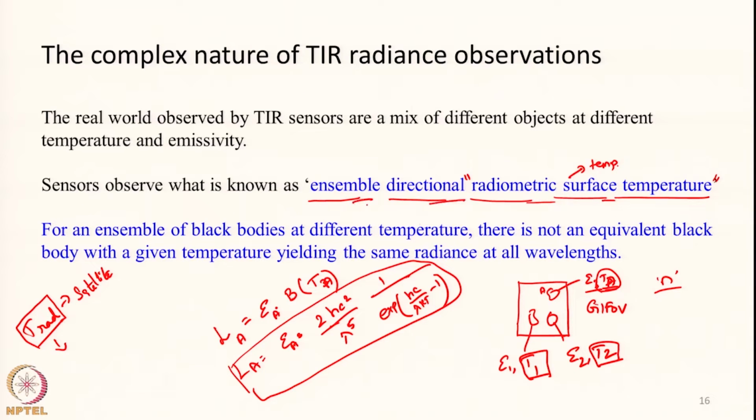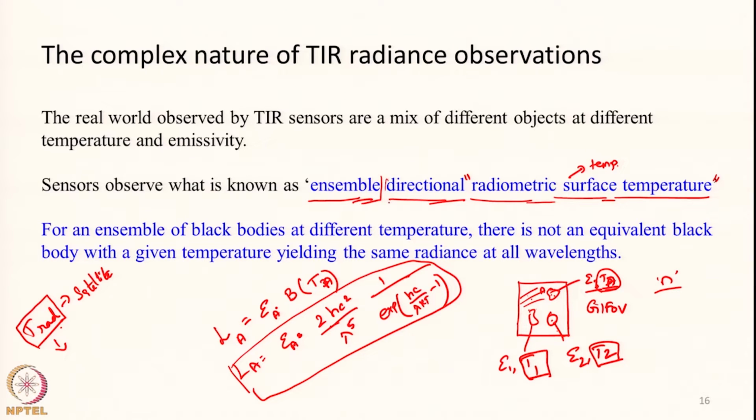An ensemble means the radiance recorded by the satellite, and the temperature calculated out of that particular radiance, is not due to any one particular feature on the ground. It is going to be a mixture, an average radiance of all the features contained within this GFOV, and the temperature computed out of that radiance will actually be different from each and every individual object. That is why we call it an ensemble, it is a mixture of several things.